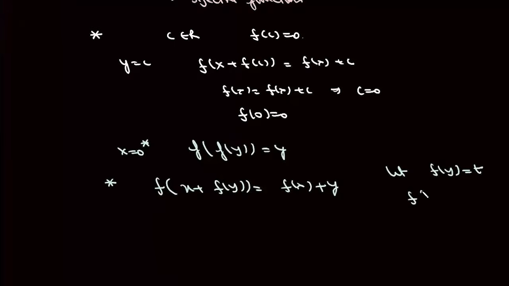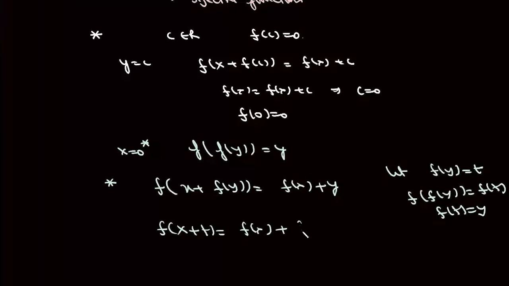Then f(f(y)) will be f(t), and f(f(y)) is y. So we can write f(t) equals y. So this equation reduces to f(x + t) equals f(x) + f(t), which is Cauchy's equation.